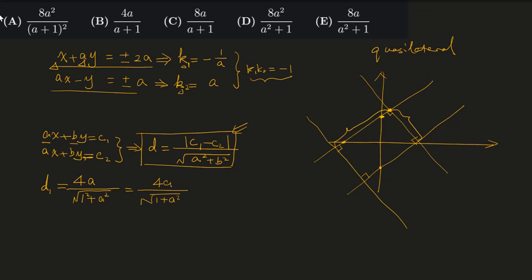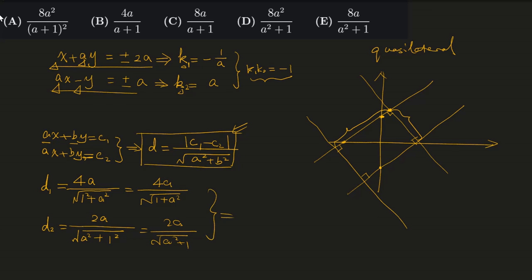And the distance between the second pair of lines is, the numerator is a minus negative a, that is 2a. And the denominator is the square of the x coefficient, that's a squared, plus the square of the y coefficient, that's negative 1, so that is 1 squared, which gives 2a over the square root of a squared plus 1.